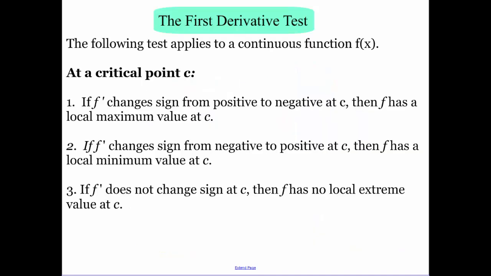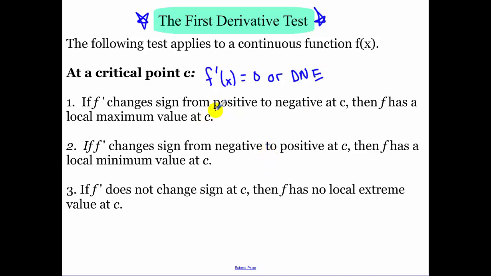So our first derivative test. The following applies to a continuous function. You need to know this. You need to know and understand this. Make sure you have this written down. So a critical point, remember, that's when our first derivative equals 0 or doesn't exist.